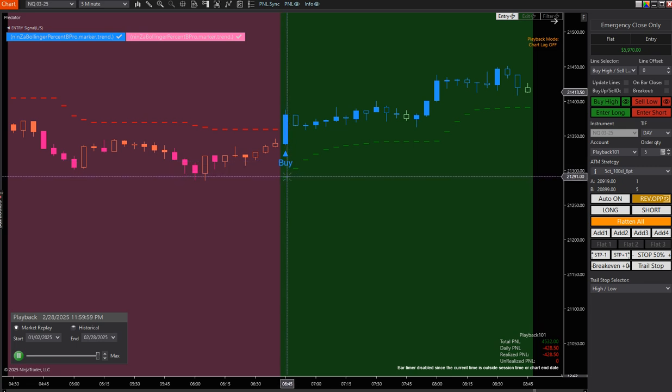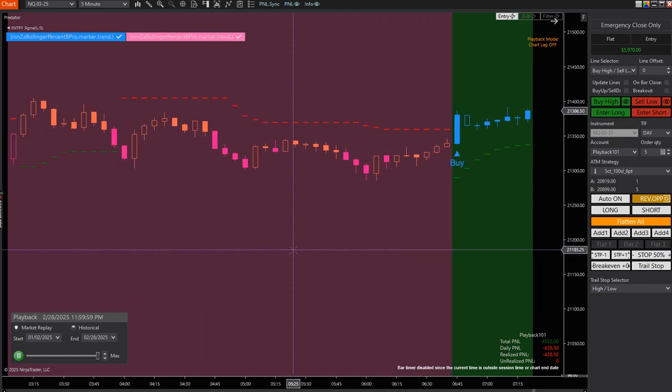If I get a SuperTrend signal right here at the buy, then let's say this candle had broken the high of this candle, then it would enter this trade. In this case, it did not break the high of this candle, so it would not have entered the trade, even though I have the buy signal here, and my filter says that it is continuing to go on an uptrend right here.